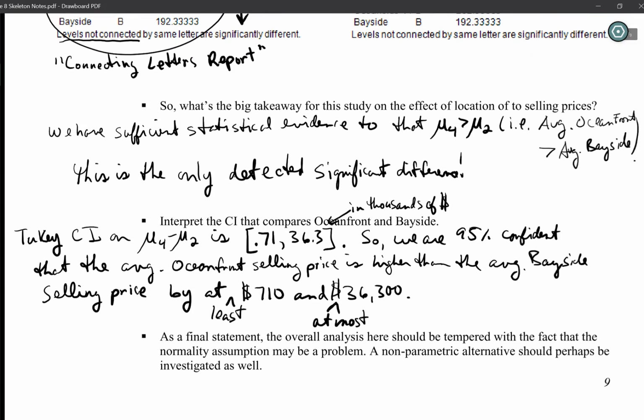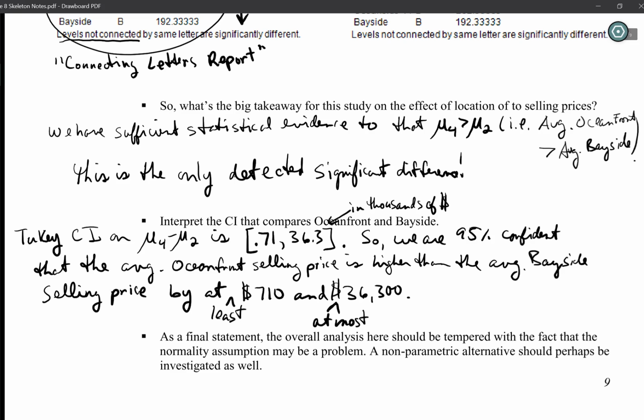So a little tighter interval there, a little more information in that. But if we want to control the overall confidence statements, which typically we do in a multiple comparison scenario, then we would go with this interval. So this interval shows a significant difference, and we can interpret this interval in this way.